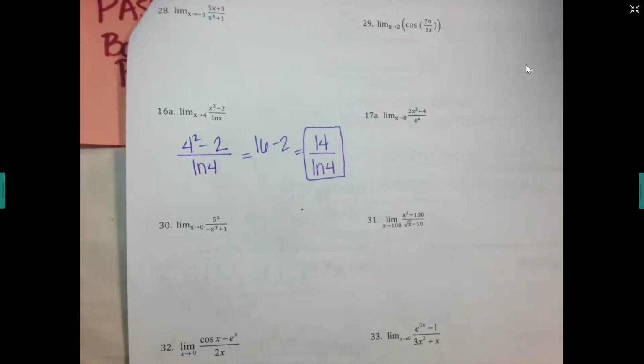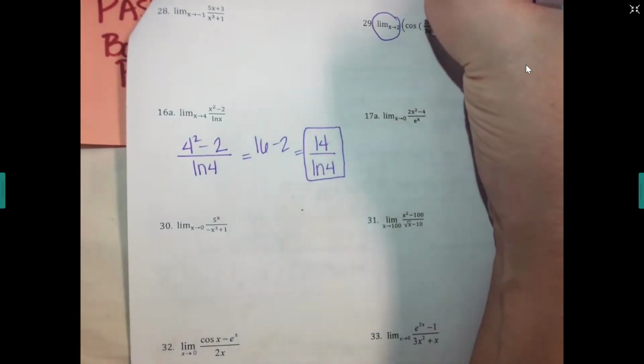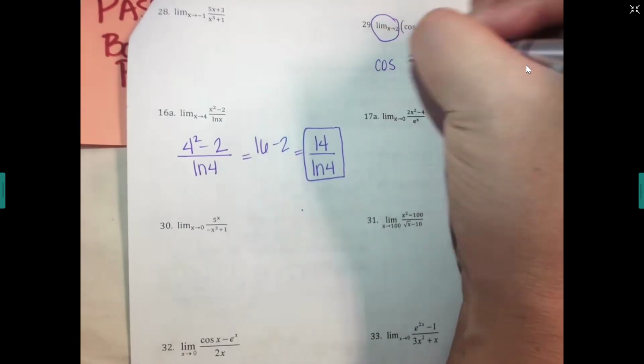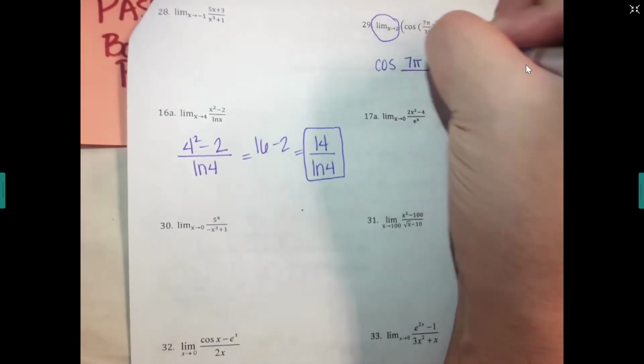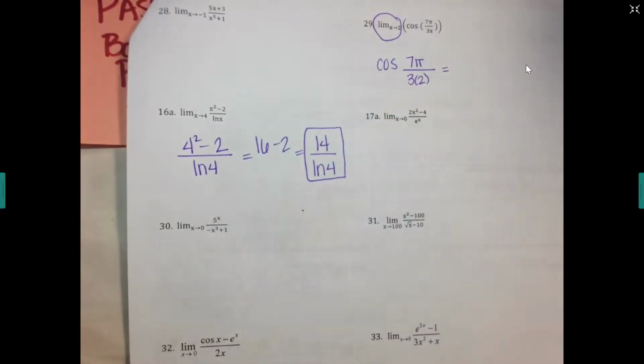Let's do number 29. What's my x approach number? 2. I'm going to plug it in where the x is. So I have the cosine of 7 pi over 3 times 2. Now remember, you need to simplify that angle first before you pick your finger on your hand.